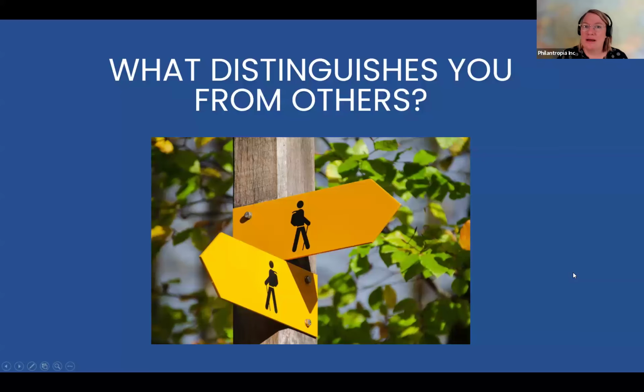Why do you think you are a better fit to implement this specific project than a different organization, maybe from your community or from somewhere else? So oftentimes it's just the knowledge that you have of the circumstances that you want to work in, because either you're from the same community, maybe that's your background, maybe you have people from the community you want to work with on your team, maybe you have a lot of experience working with this group or in this community, etc. Whatever it is, you can also state it.